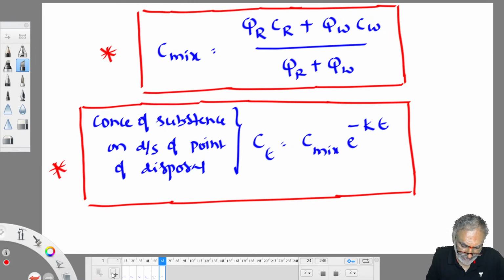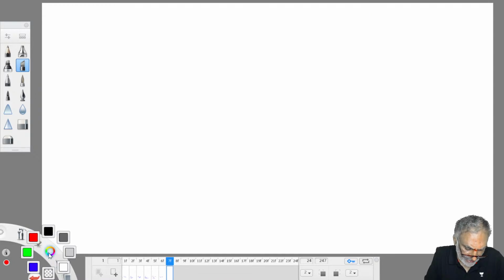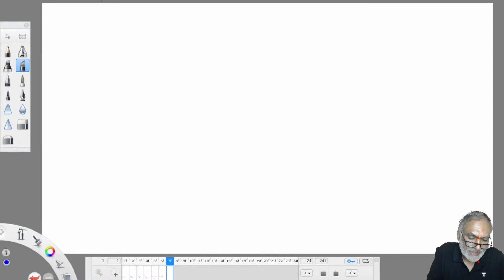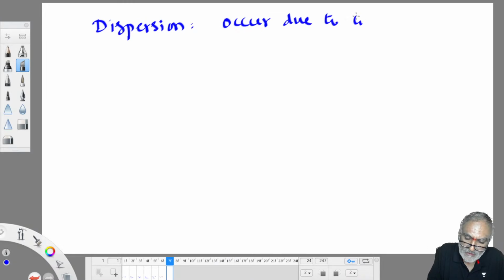Okay. Second thing that happens: dispersion. Even dispersion reduces concentration. Dispersion means spread; it occurs due to wind currents and also reduces concentration.